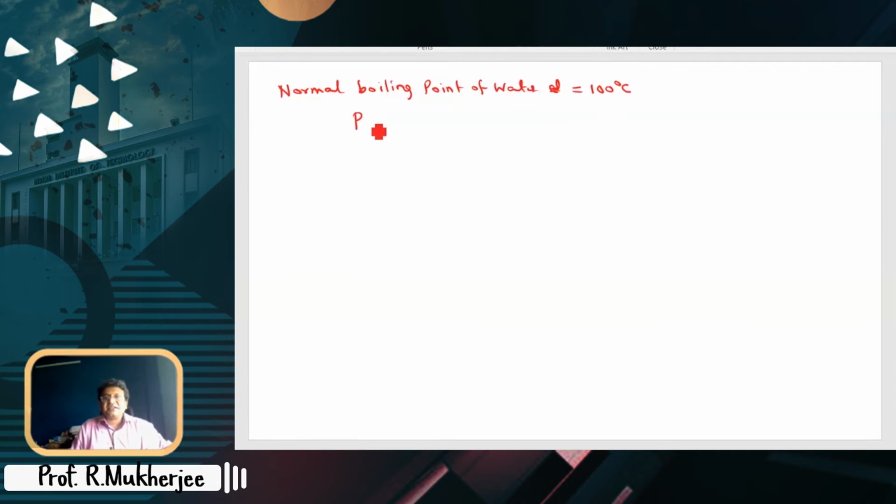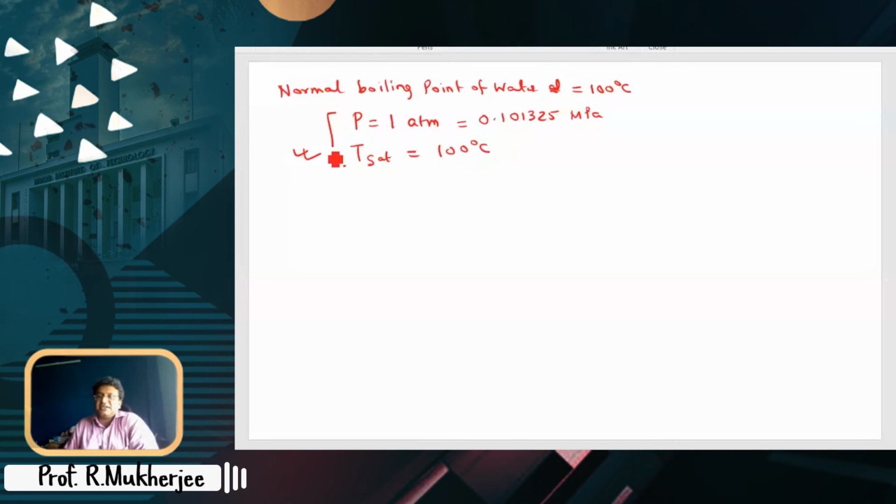That if pressure is 1 atmosphere, your saturation temperature, this everybody understands, what I mean by saturation temperature. Shalini, I'm elaborating. Please give me the time. So everybody agrees to this data, what I have written?